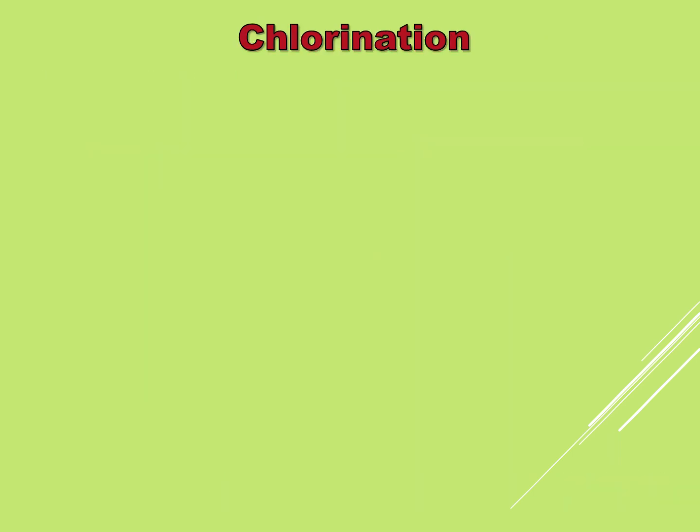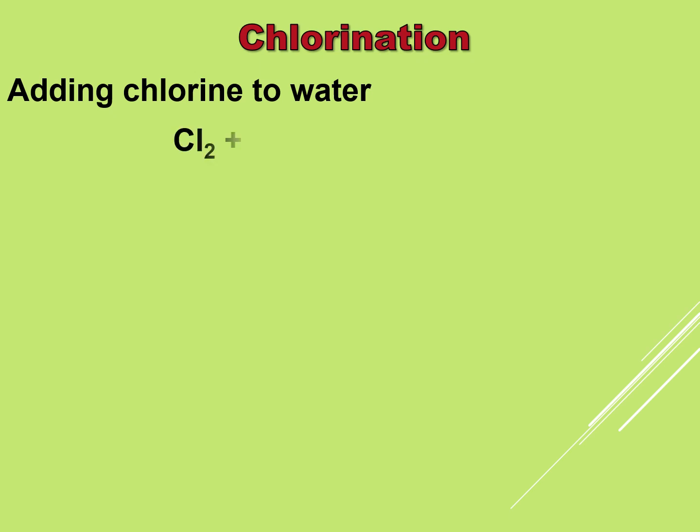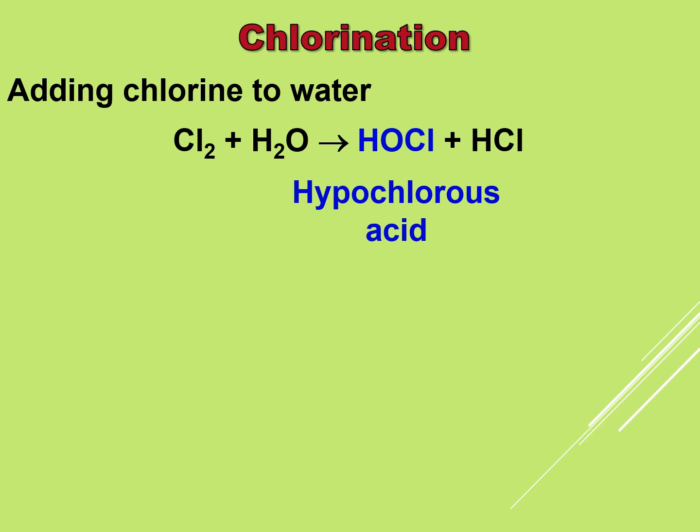Chlorination is the oldest technique. Even centuries back, chlorination was discovered. Adding chlorine into water, that is what you are doing. When chlorine reacts with water, it gives the compound HOCl, that is hypochlorous acid.